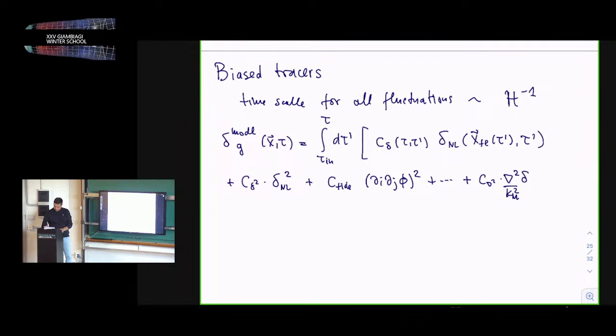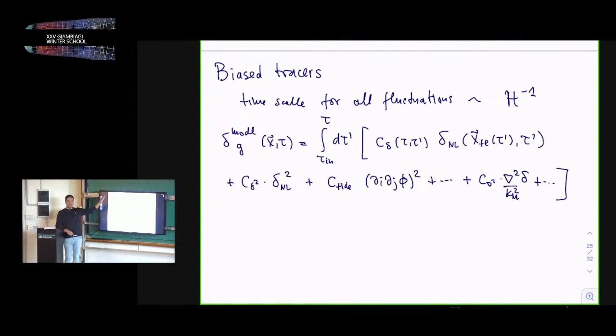Okay. So this is the most general way in which delta galaxy can depend on the underlying matter fluctuations, and all other dependencies, how stars form and so on and so forth, are encoded in these free coefficients. So now you see we have a bunch of free coefficients, which we don't know.